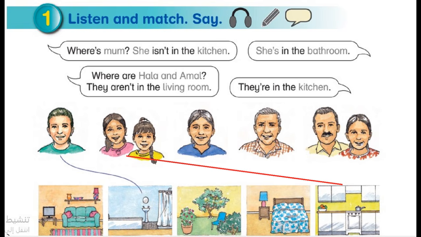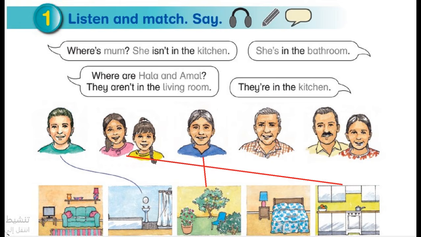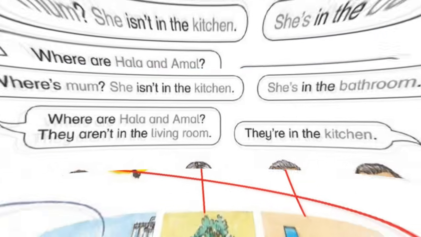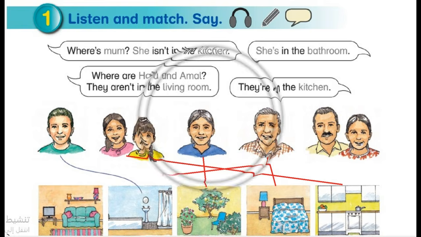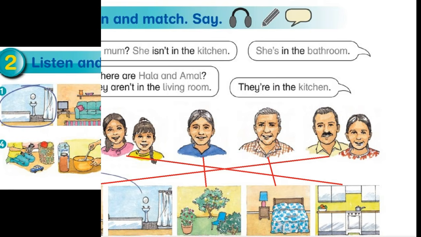They aren't in the living room. They're in the kitchen. Where's Grandmother? She isn't in her bedroom. She's in the garden. Where's Grandfather? He isn't in the bathroom. He's in his bedroom. Where are Aunt and Uncle? They aren't in the garden. They're in the living room.